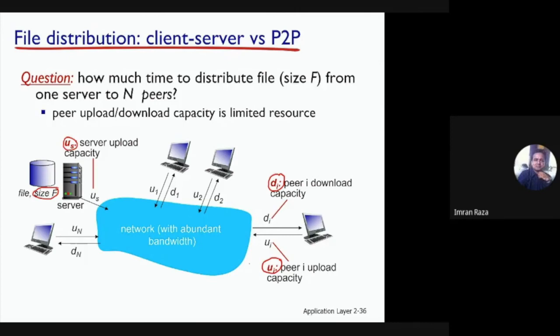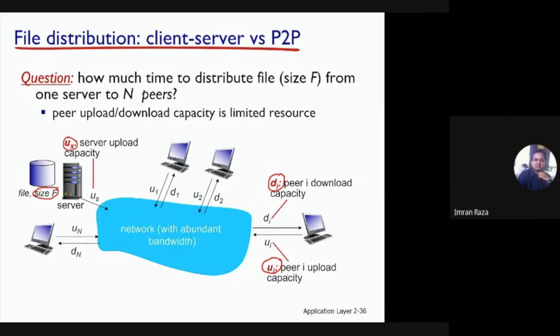Okay, so these are the notations that we'll be using. So it's important for us to understand these notations. First is U sub S. This is the rate at which a server is sending a file to a host. F is the size of the file that we want to download. And similarly, if we talk about a host, D sub i is the download rate of a host, and U sub i is the upload rate of a host, the rate at which a host can upload.